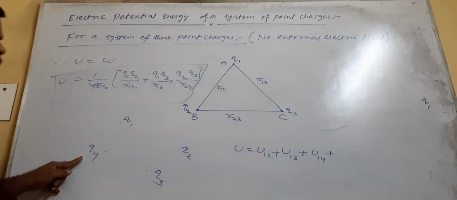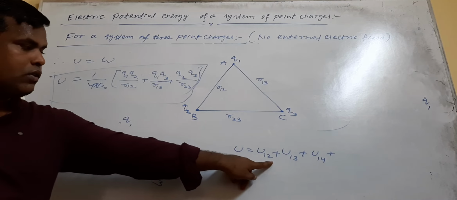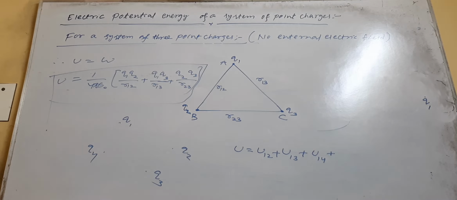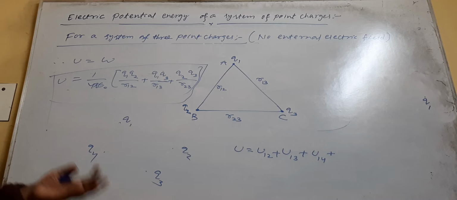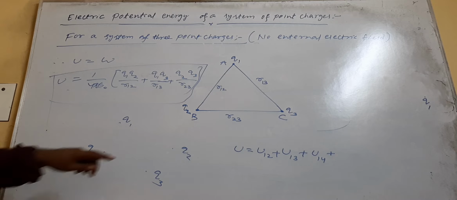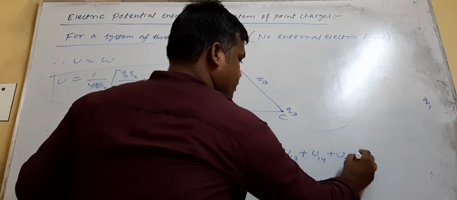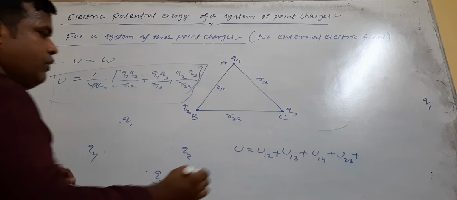Now come to U21, but we have taken 12, so you cannot take U21. Then U22 you cannot take because a charge cannot exert force upon itself. That's why you cannot take U22. Then U23 plus U24.